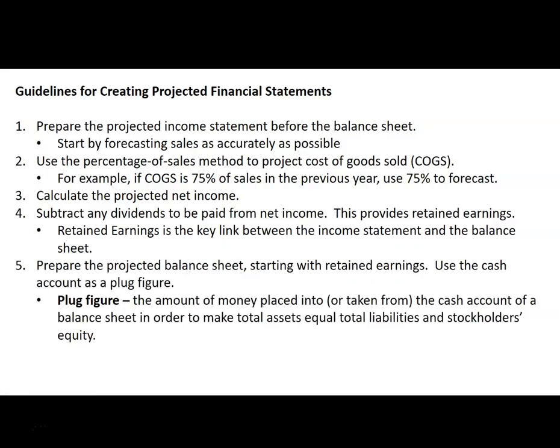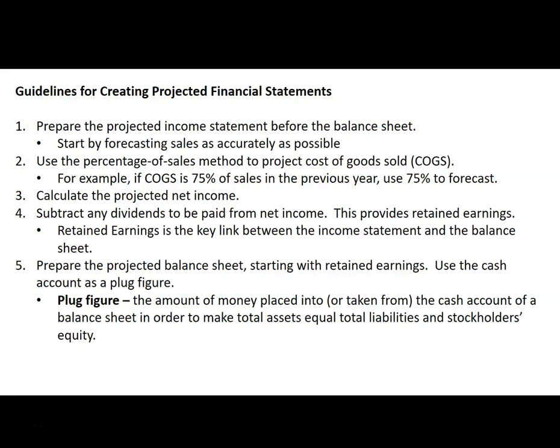Once you have your retained earnings, then you can move on to the balance sheet, and whereas we finish the income statement with retained earnings, we're going to start there on the balance sheet. And then we'll go through all the line items on the balance sheet and make our forecasts based on both last year's data and our recommendations.